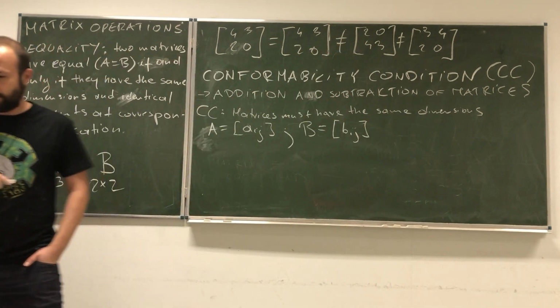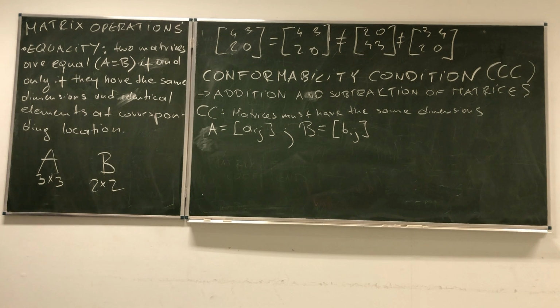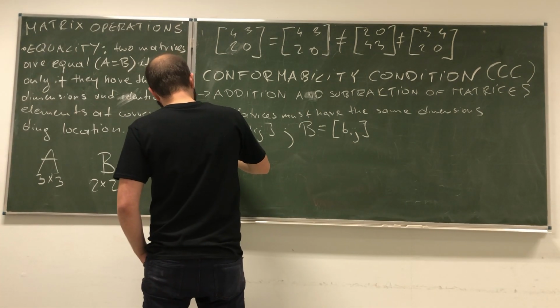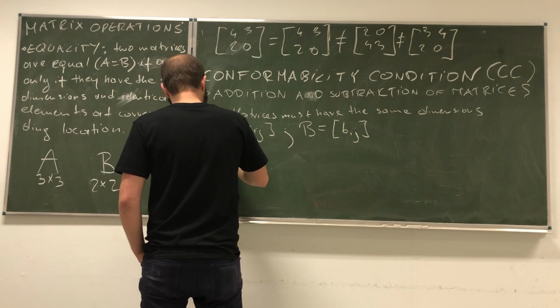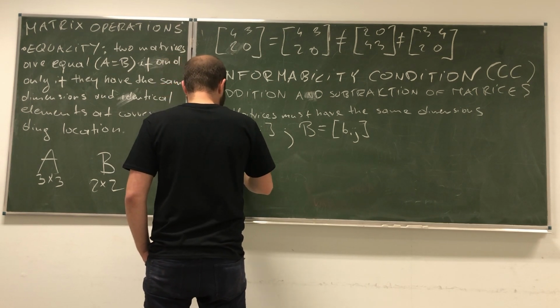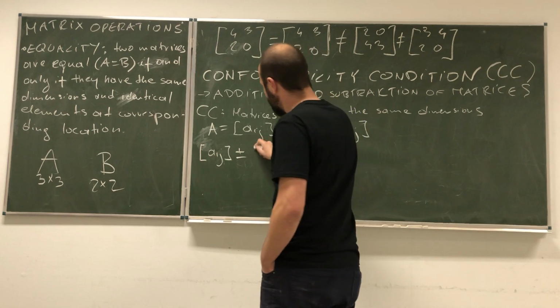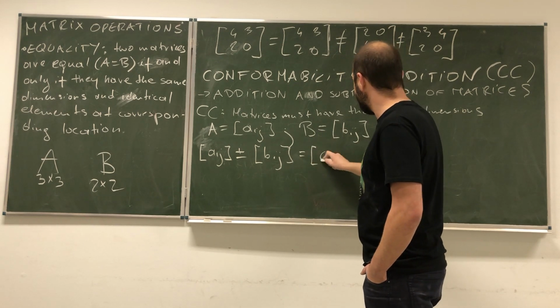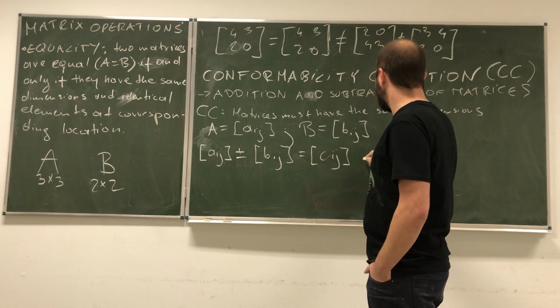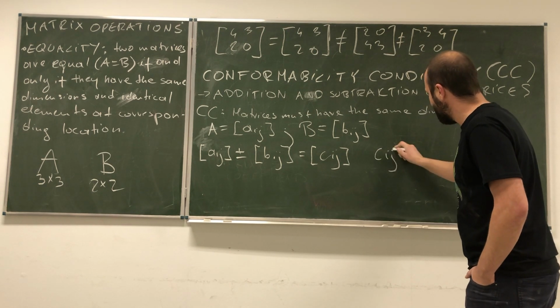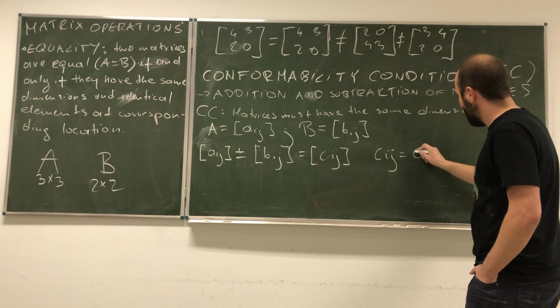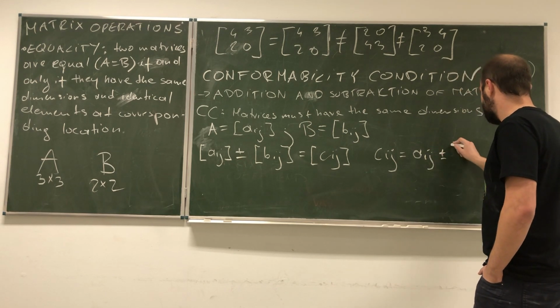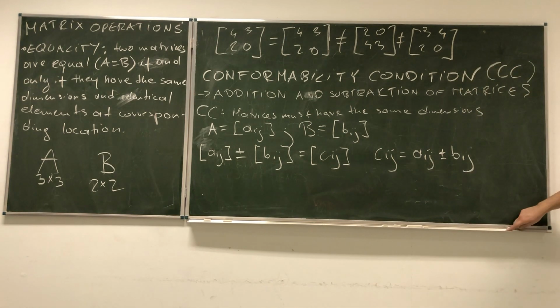Addition of these matrices, or subtraction, works the same: I take all elements a_ij and either add or subtract all elements b_ij, and I get a new matrix with elements c_ij, where each element c_ij is equal to a_ij plus or minus b_ij.